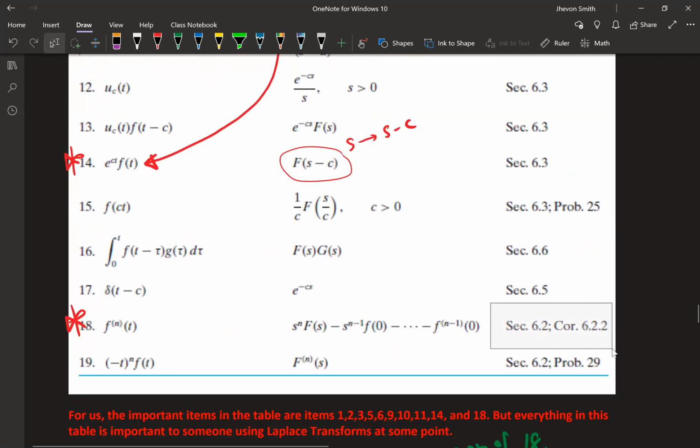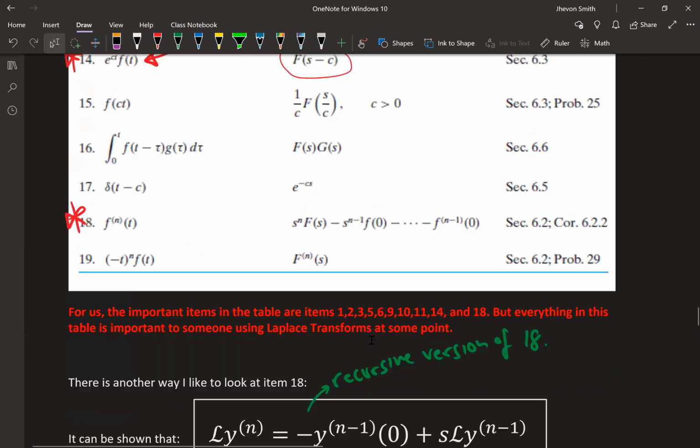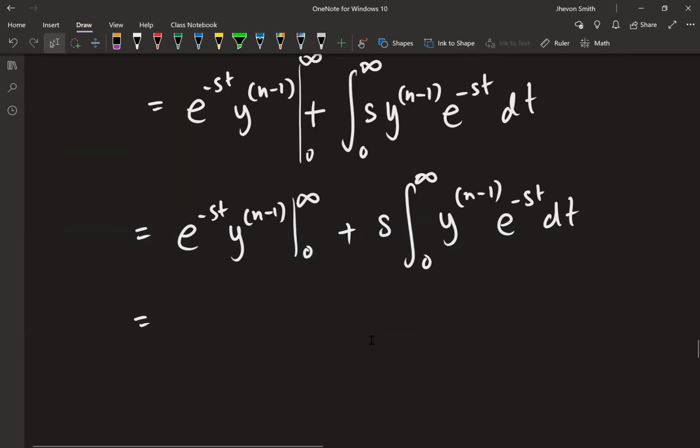It's called Corollary 6.2.2. So your book actually makes the assumption on the derivative in order to prove that this is true. So we're going to make that assumption so that when I plug in infinity for t, this part goes to 0, minus when I plug in 0 for t, this is just going to be y to the n minus 1 derivative evaluated at 0, plus here s.